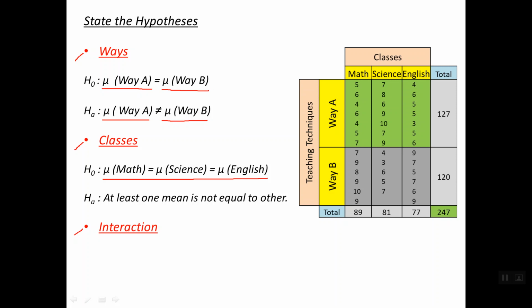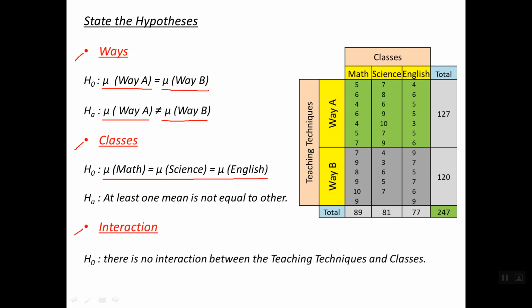The third set of hypotheses is for the interaction between these two factors. So the null hypothesis for the interaction states that there is no interaction between the teaching techniques or teaching ways, which is factor 1, and the classes, which is factor 2.